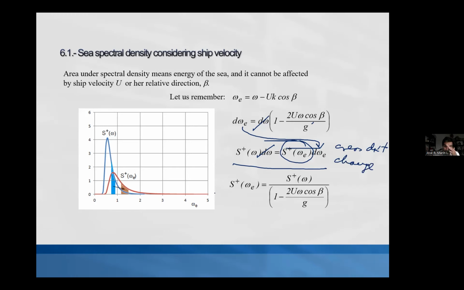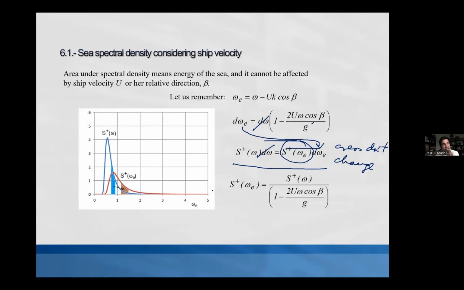Okay, so we calculate the spectral energy using any formulation that we know, Pierson-Moskowitz, ITTC, whatever, and then we affect it according to the direction of the ship, and that's our spectral density in terms of encounter frequency.